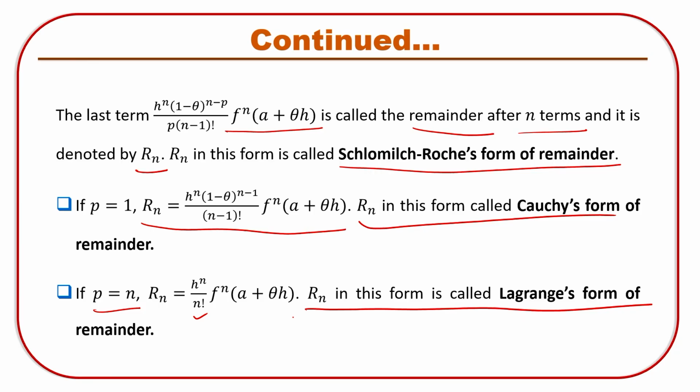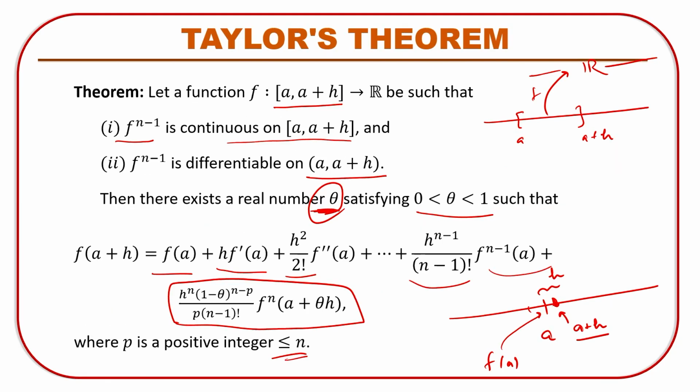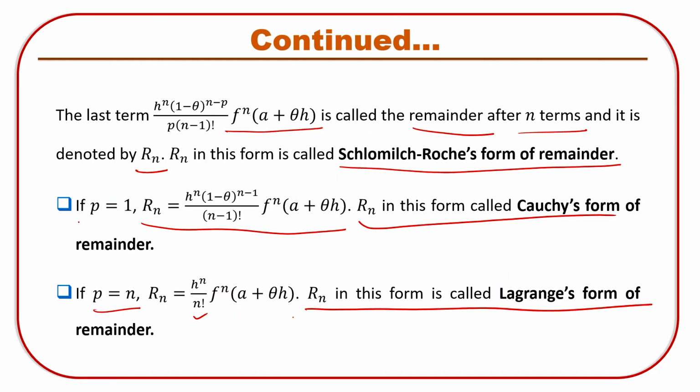So, as you can see, if you understand the statement of Taylor's theorem, then you can put p equal to 1 and p equal to n. p equal to 1 will give you the Cauchy form of the remainder and p equal to n will give you the Lagrange form of the remainder.